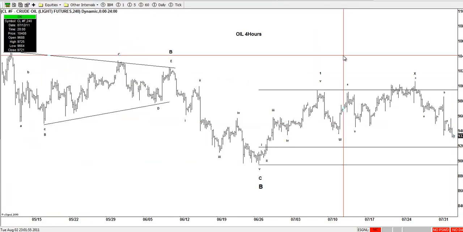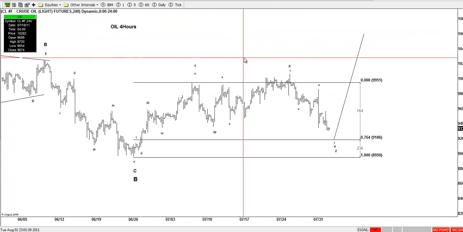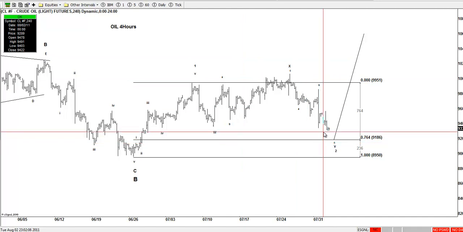Now let's take a look at oil, which is also very interesting and very well correlated with the risk trade. Again, there was no rally in oil. The S&P dropped 30 points, and oil did not rally. That's telling me that maybe what the S&P was doing was nothing more than getting in sync with the market to take out a lot of people's stop losses at the base of the triangle and then bounce higher.